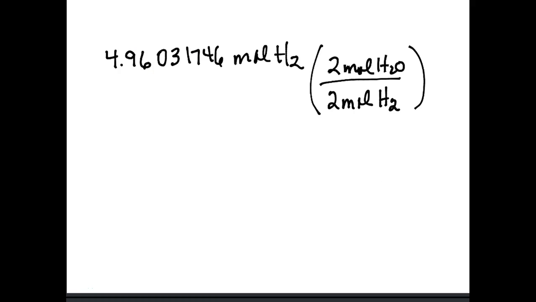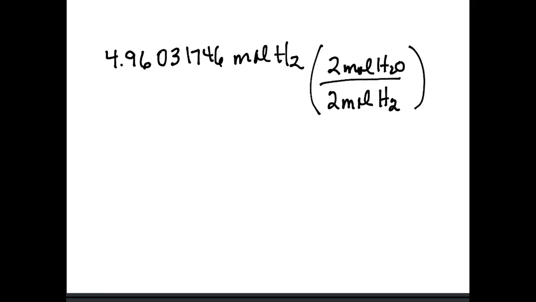And finally part C, where you need to calculate the mass of water that would form. So we have our moles of hydrogen that were our answer to part A, but I'm using the unrounded number. This is the mole ratio of water molecules to hydrogen molecules. So it's a 2 to 2 mole ratio, or you could use 1 to 1.